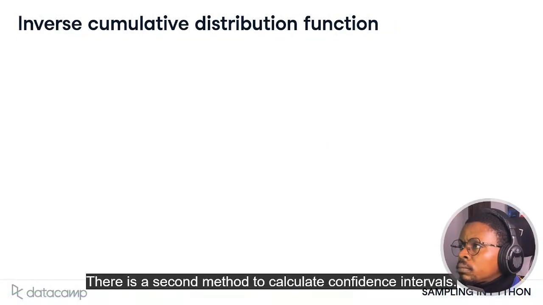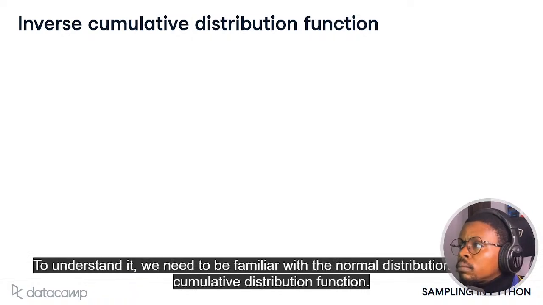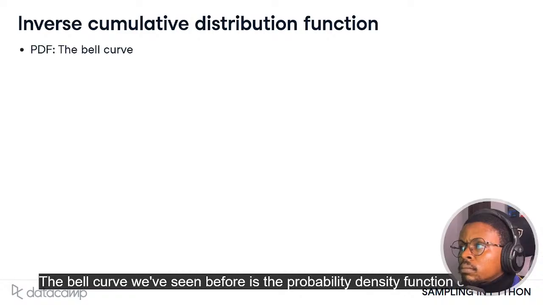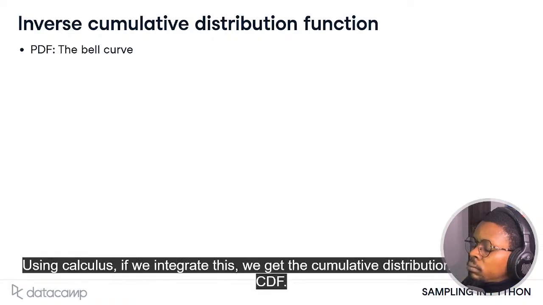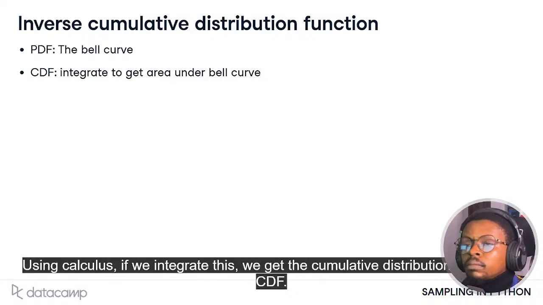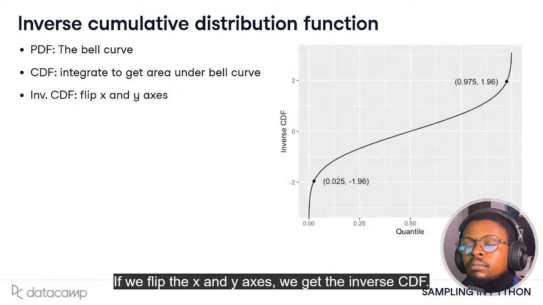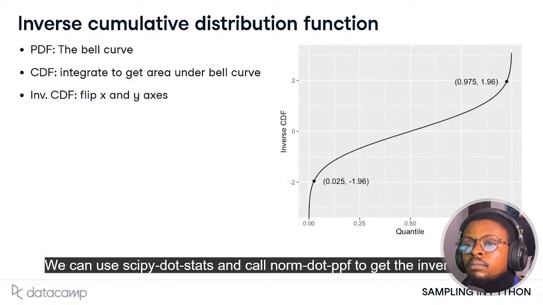There is a second method to calculate confidence intervals. To understand it, we need to be familiar with the normal distribution's inverse cumulative distribution function. The bell curve that we've seen before is the probability density function, or PDF. Using calculus, if we integrate this, we get the cumulative distribution function, or CDF. If we flip the x and y axes, we get the inverse CDF.